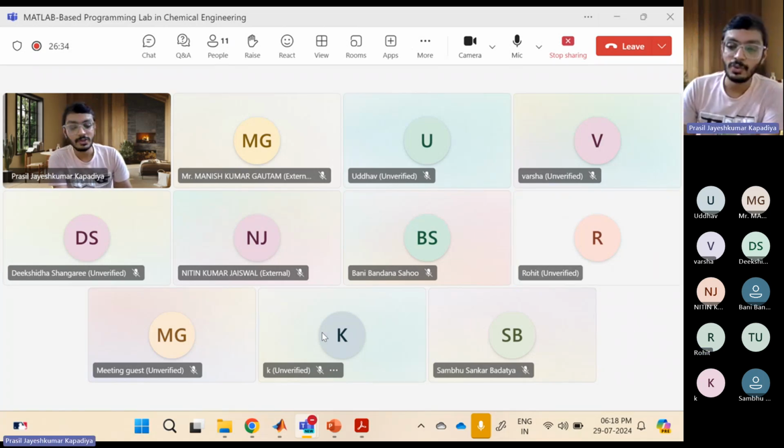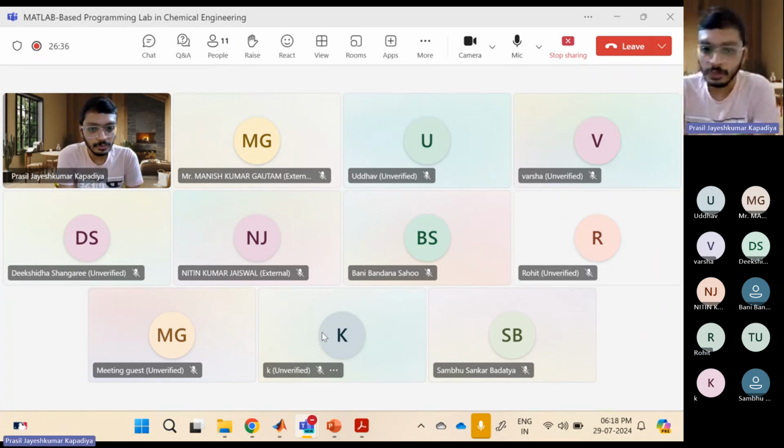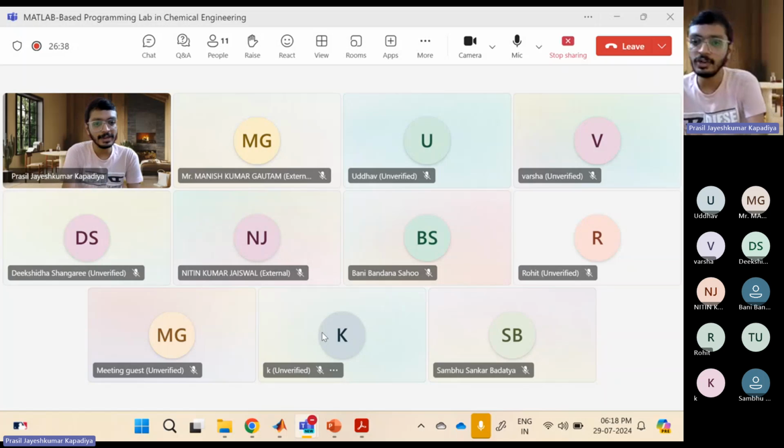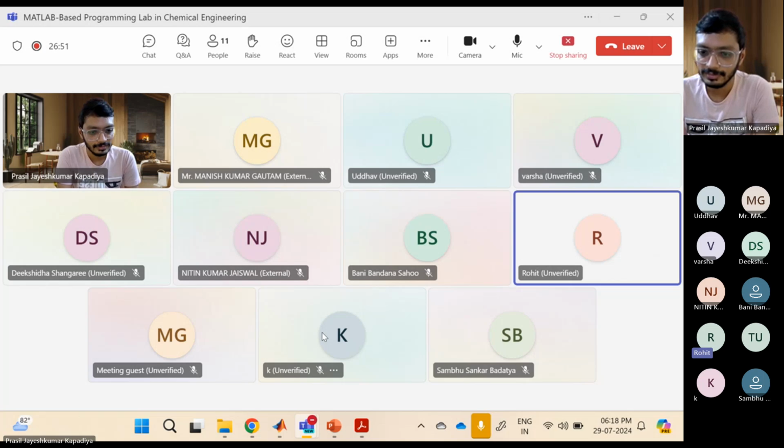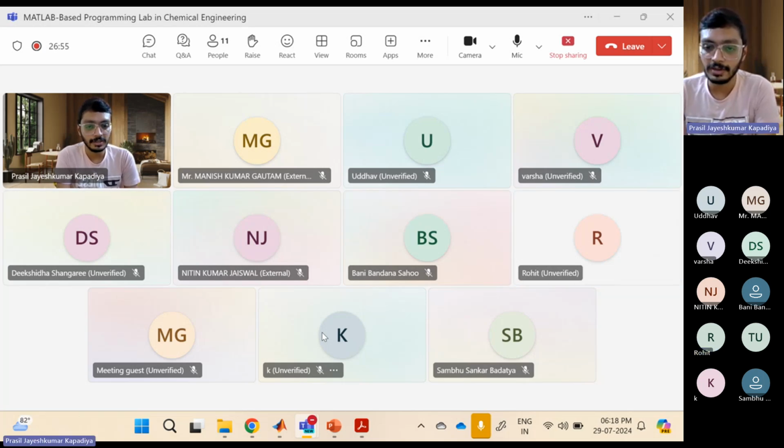Okay, whatever you told is correct, but my question is, can I do it in reverse? Can I first pass it through the compressor and then the heat exchanger? The heat exchanger here is heating, not cooling. Our purpose is to heat the isopropanol.